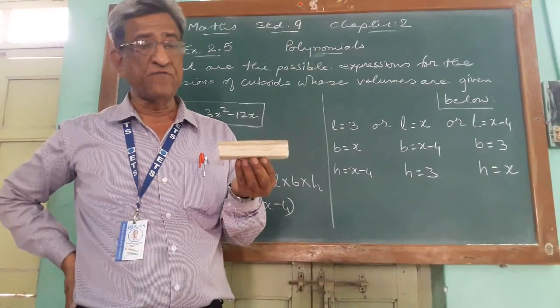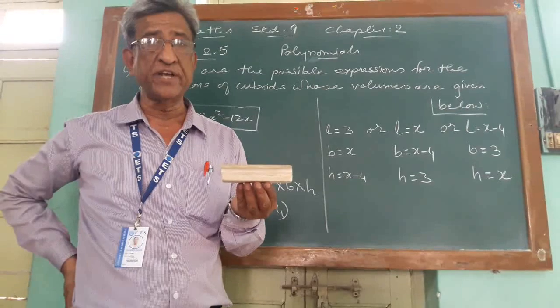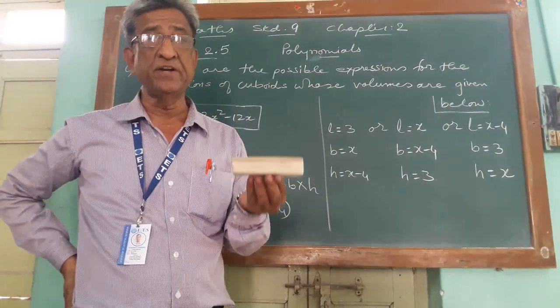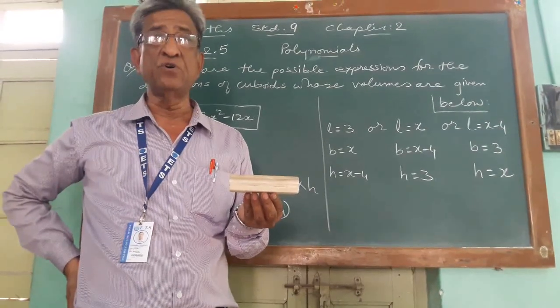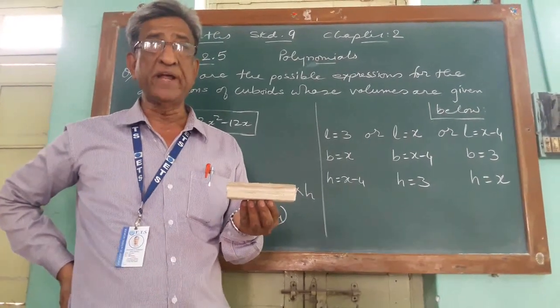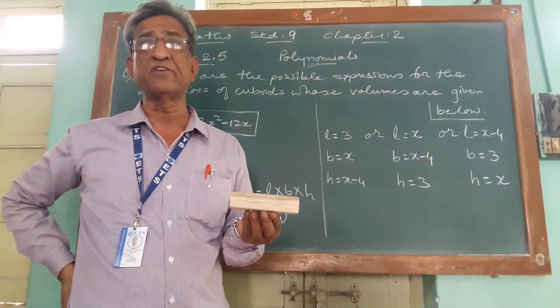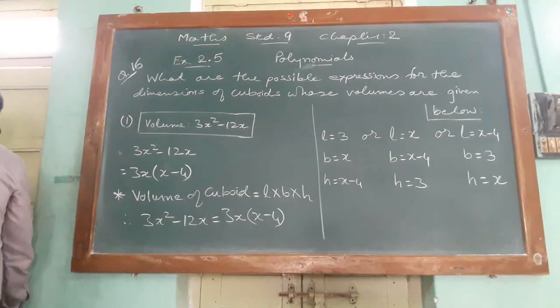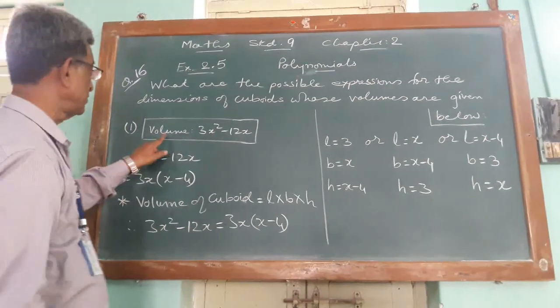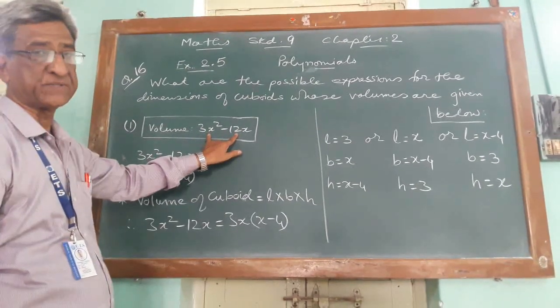If you want to find out the volume of this cuboid, which formula are we using? Length into breadth into height. Volume of cuboid is equal to length into breadth into height. So first of all, you will need to factorize the given volume. Here the given volume is 3x square minus 12x.